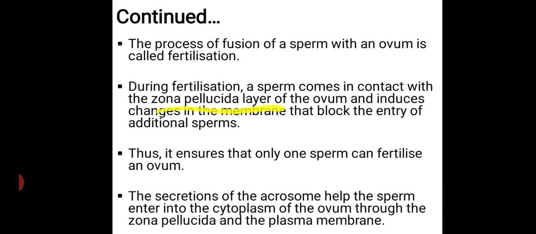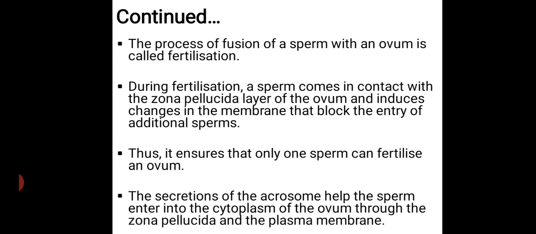The zona pellucida, I have discussed earlier, is the outer layer of the egg, or you can say the secondary oocyte or ovum, and it induces change in the membrane of the zona pellucida that blocks the entry of additional sperms. Why?